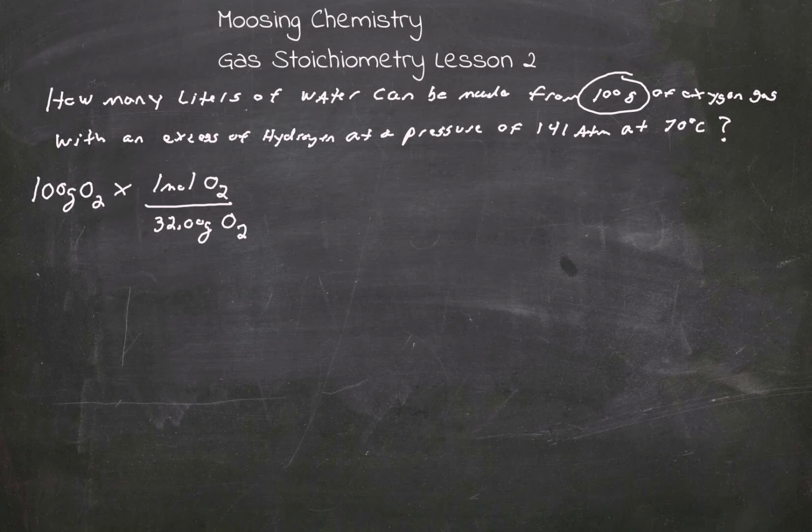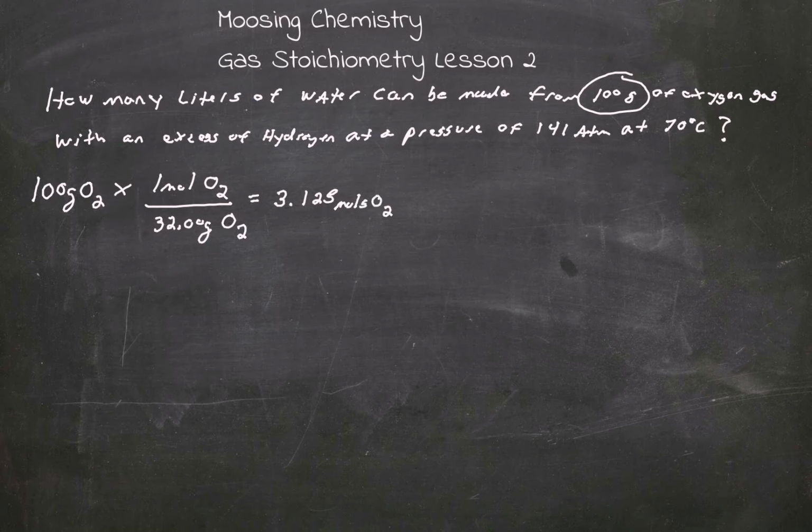So when we do that, we take 100 divided by 32.00, and that gives me exactly 3.125, not grams, but moles of O2.